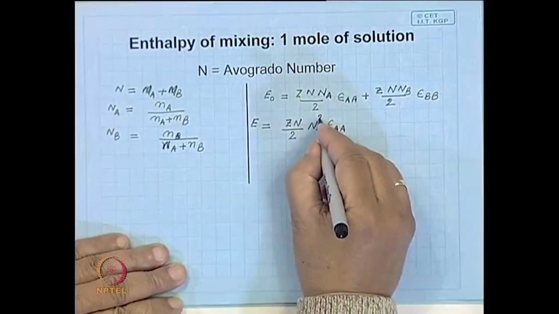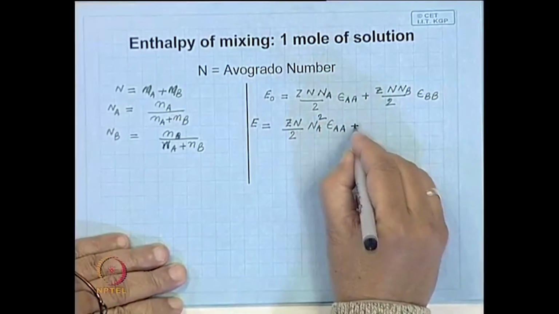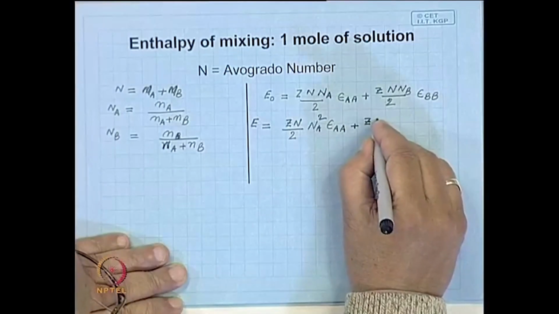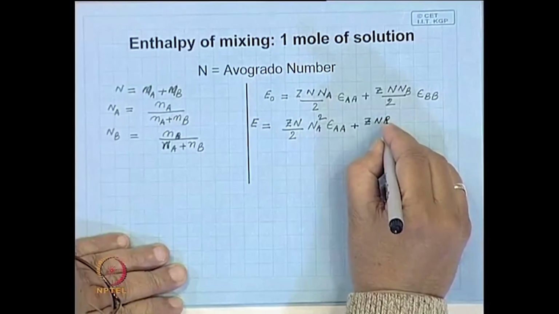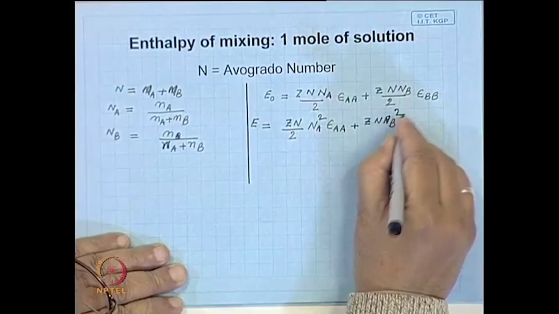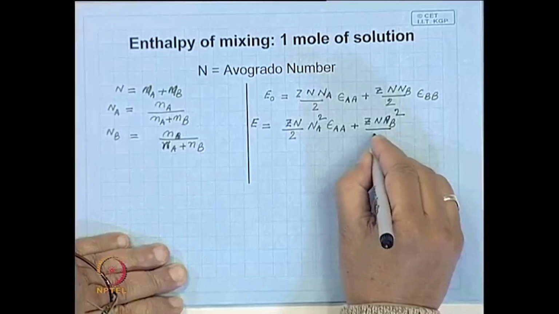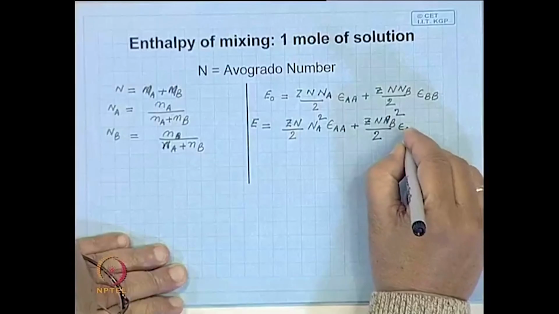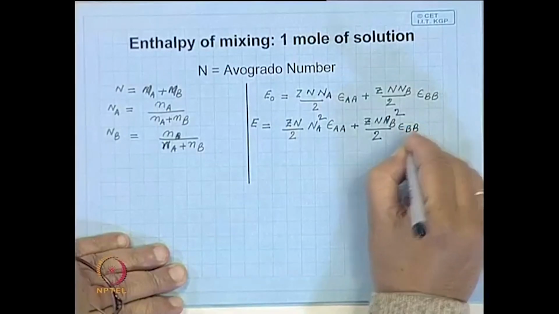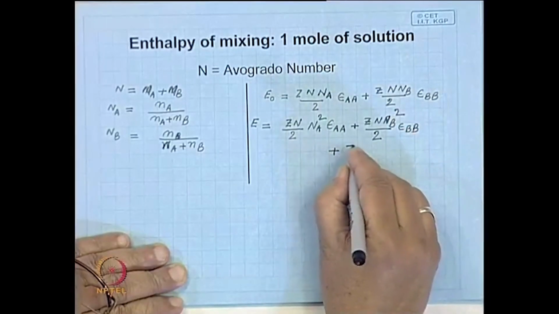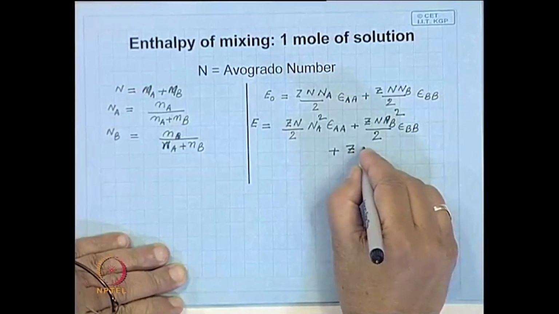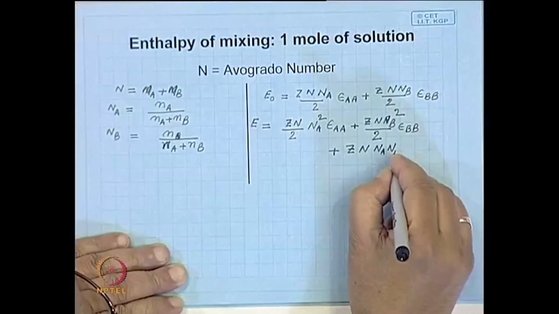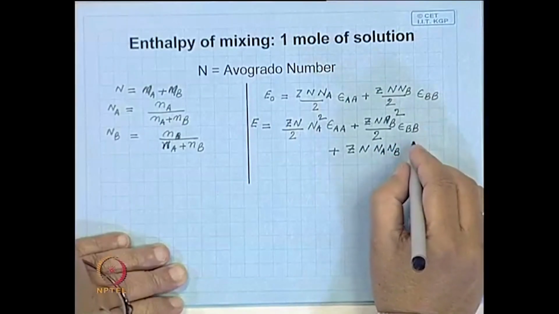Similarly, you will have the energy due to the BB type of bond, epsilon BB, plus there will be Z n Na Nb AB types of bonds.